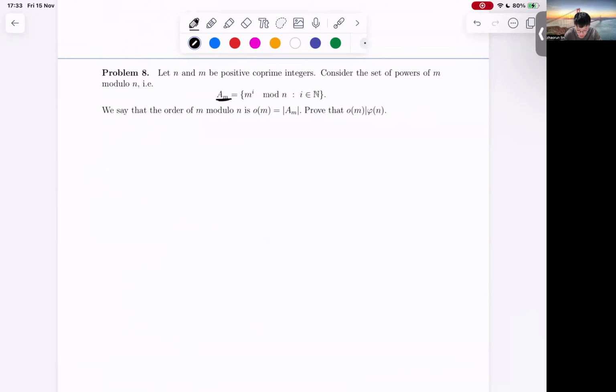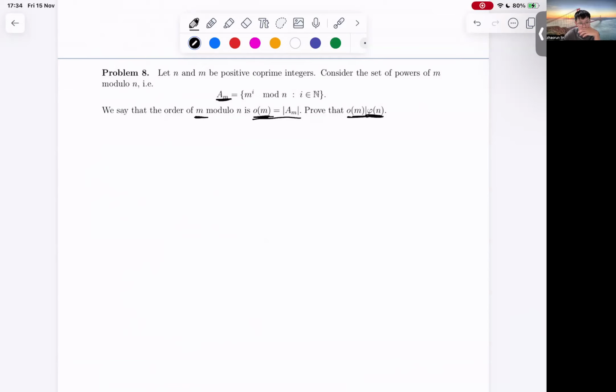We say that the order of m modulo n is o_m, and it is equal to the cardinality of A_m. And we need to prove that this order actually divides the Euler totient function of n.